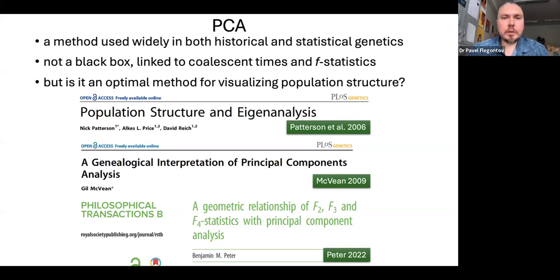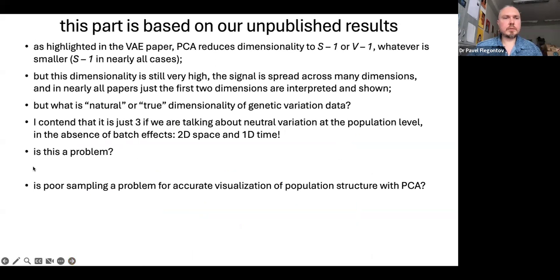But is PCA an optimal method for visualizing population structure? That's what I'm interested in. So as highlighted in the paper on variational autoencoders, PCA reduces dimensionality to S-1 or V-1, whichever is smaller. And S is the number of samples, and V is the number of variants or sites or site blocks.